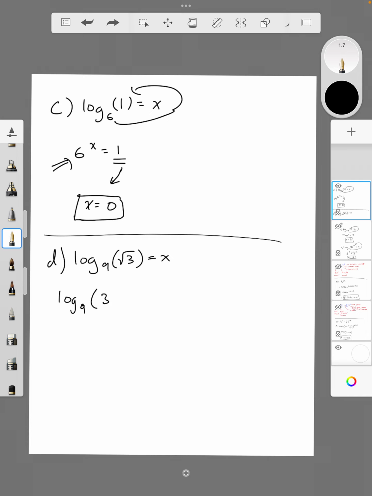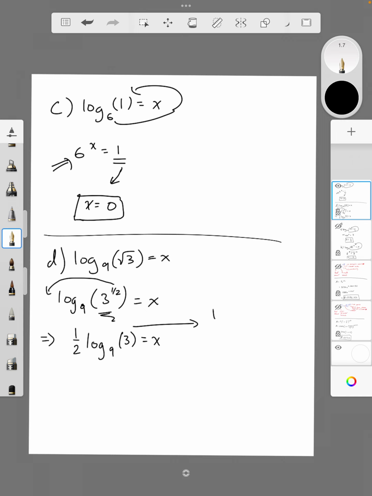Let me make that a little more obvious. Then another thing with logs is that if there's a power in this middle part right here, you can bring that power down in front of the log. So this whole thing is going to be equal to 1/2 times the log base 9 of 3, which will be equal to x.